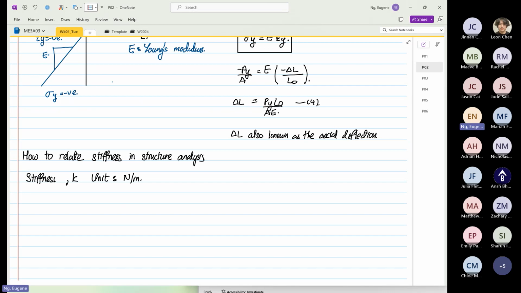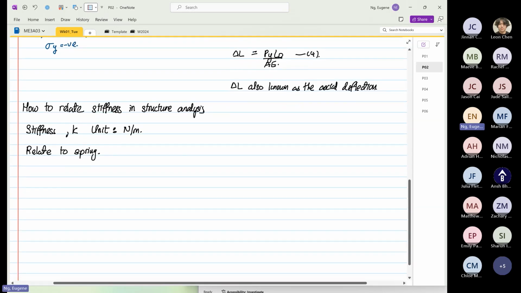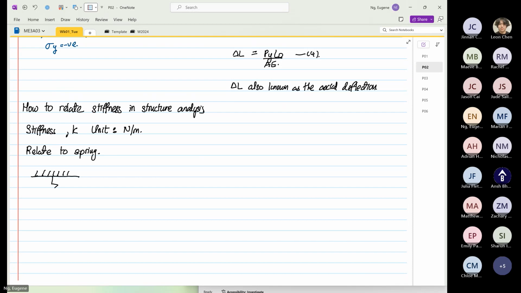So usually when we talk about stiffness, we relate it to springs. So what do we mean by relating to a spring? If I have a spring, this is our spring, and the spring has a certain stiffness K. I'm going to draw the spring a bit longer.